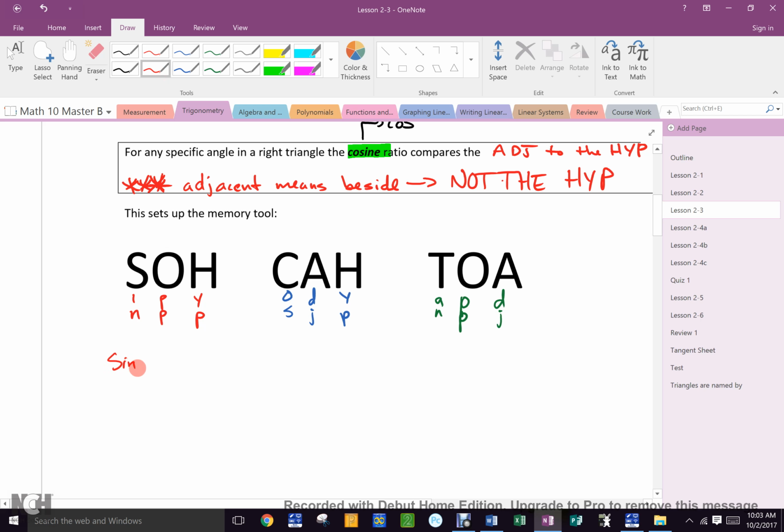The sine of theta equals opposite over hypotenuse. The cos of theta equals adjacent over hypotenuse. And the tan of theta equals opposite over adjacent.